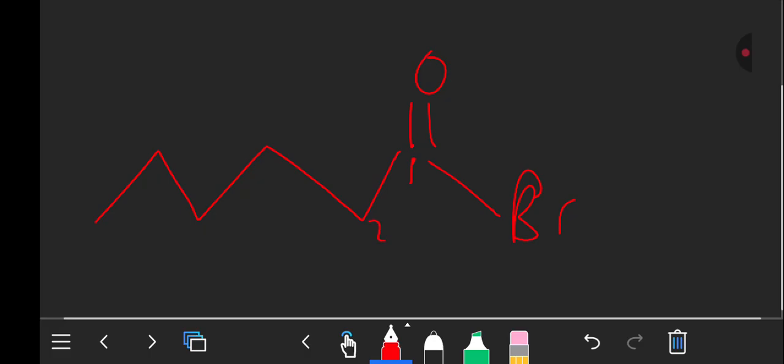So that is 1, 2, 3, 4, 5, 6. Okay, so there are 6 carbons. So that is what? Hex, right? So it should be hexanoic. So instead of putting ic, we'll remove that ic and replace it with yl. So hexanoyl. Then what is the name of the halogen? It is bromide. So bromide.